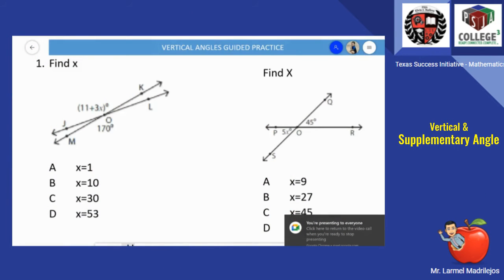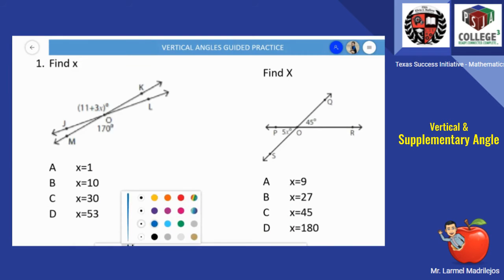Okay, vertical angles. In the previous video, I discussed vertical angles. So find x. Where's the x? This angle here, angle JOK, is vertical with angle MOL.